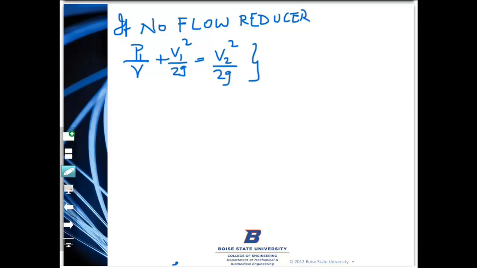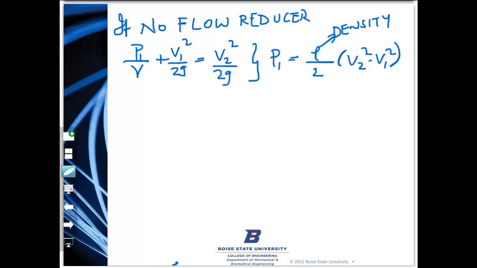Okay, so that would mean that we solve for P1 in terms of rho over 2 times V2 square minus V1 square. Okay, this is density.